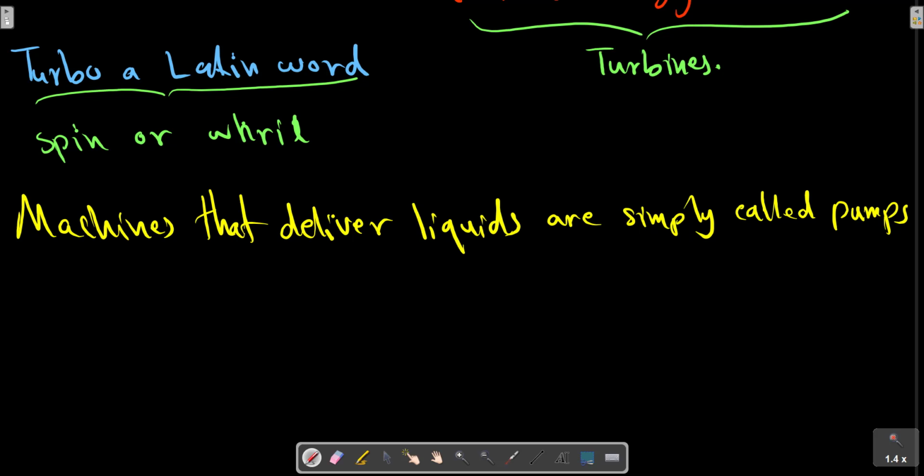But if gases are involved, three different terms are in use depending on the pressure rise achieved.